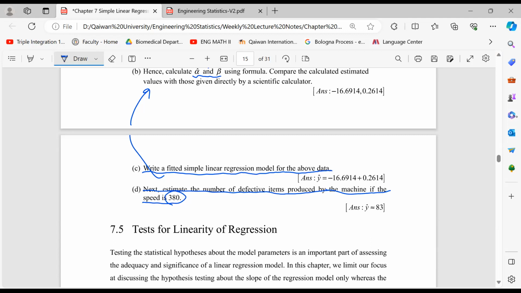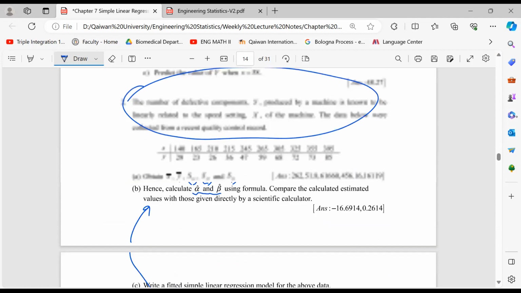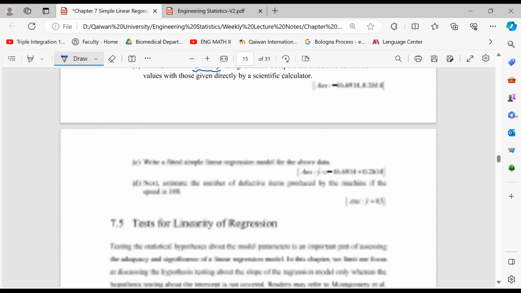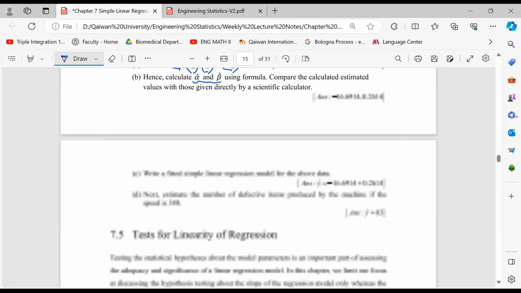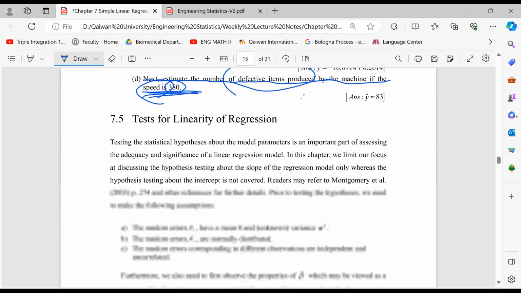Return to the question and determine what the speed is and what the defective items are. After knowing which one represents x or y, let's say the speed is x. Then y can be obtained. Just plug it into the equation, and you'll get the value of y.